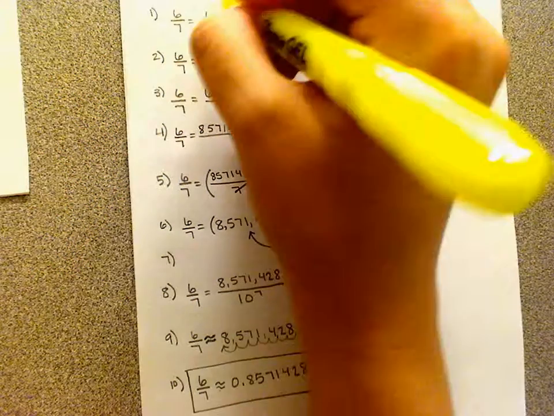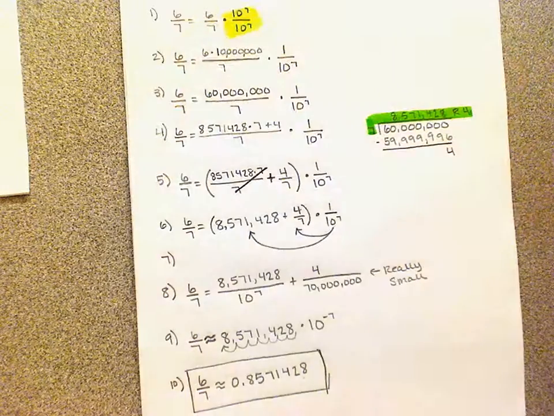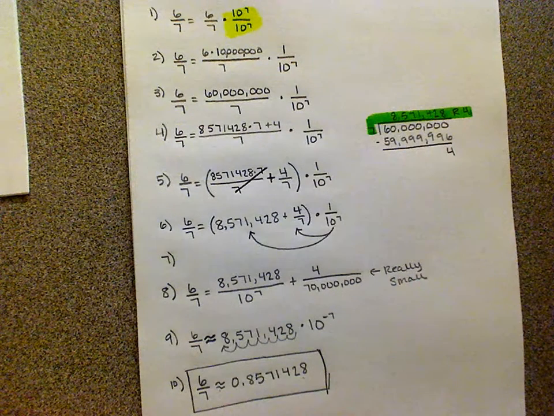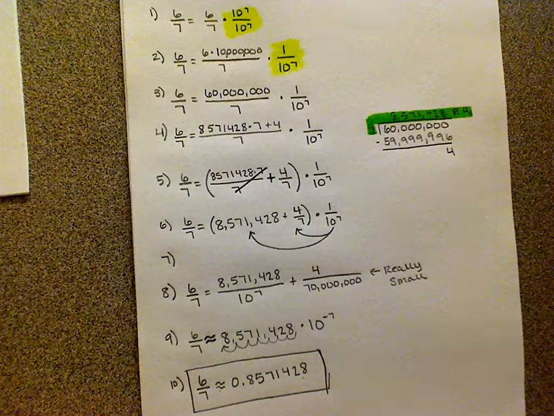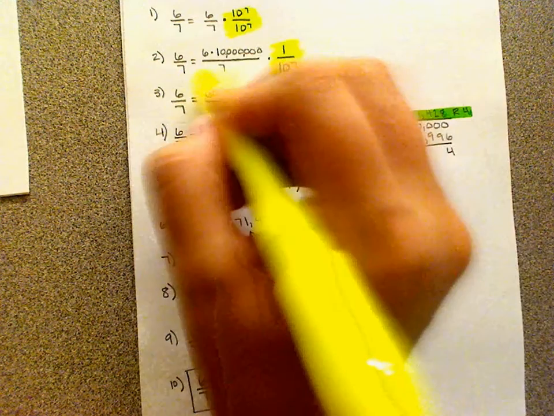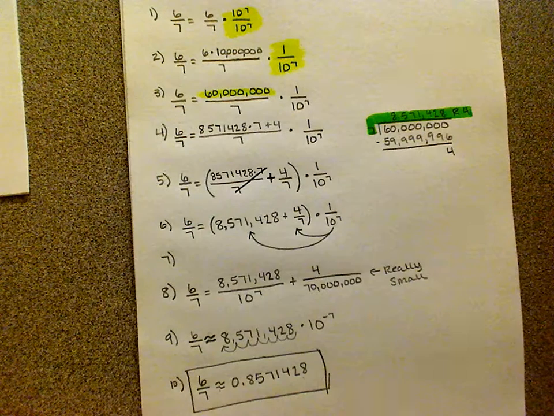Step 2 is to decompose the fraction, and you need a unit fraction. Step 3, multiply by the power of 10, first fraction only. Step 4, simplify the first fraction. Use division and remainders.